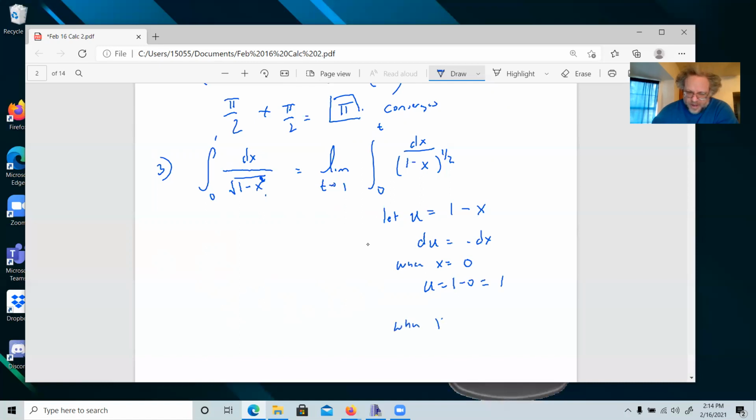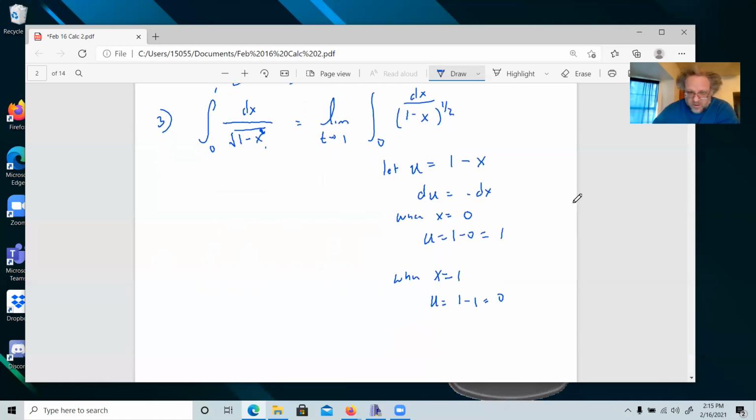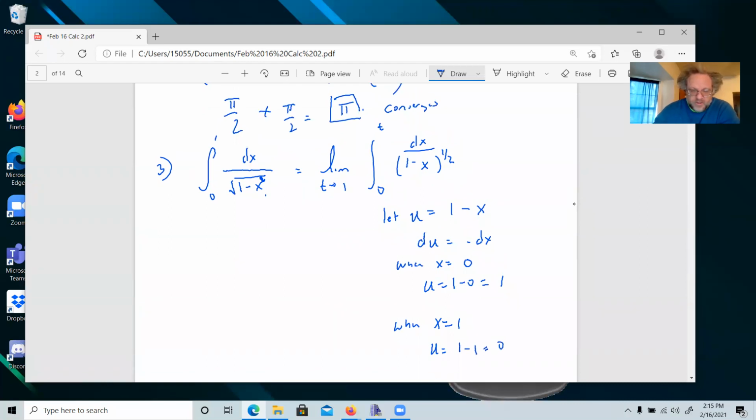And when x equals 1, u is equal to 1 minus 1, which is 0. So we're going to replace this integral with u's. This is the integral from 1 to 0 of u to the negative 1/2 du. We need a negative here, don't we?